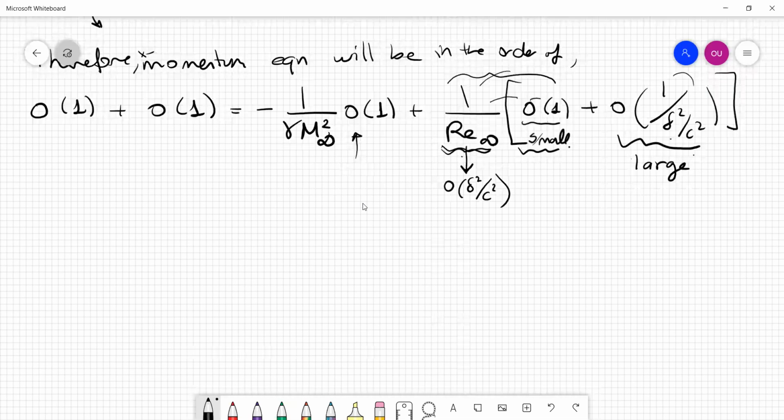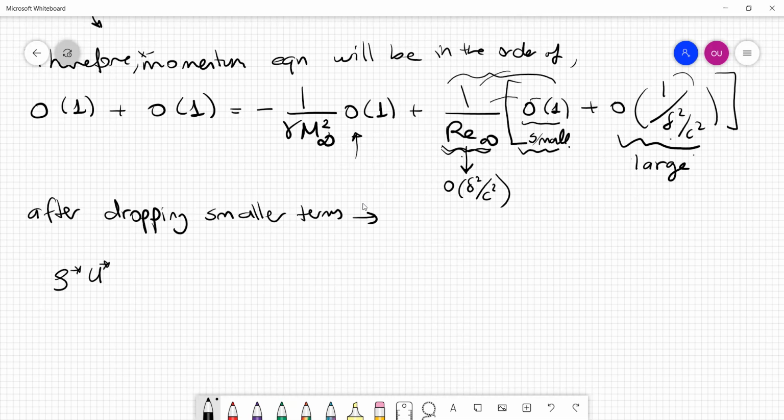So after dropping, or let's say ignoring smaller terms determined from this order of magnitude analysis, our x momentum equation now looks something like this. We keep this term because this is order of 1. We keep the second term. This is order of 1.